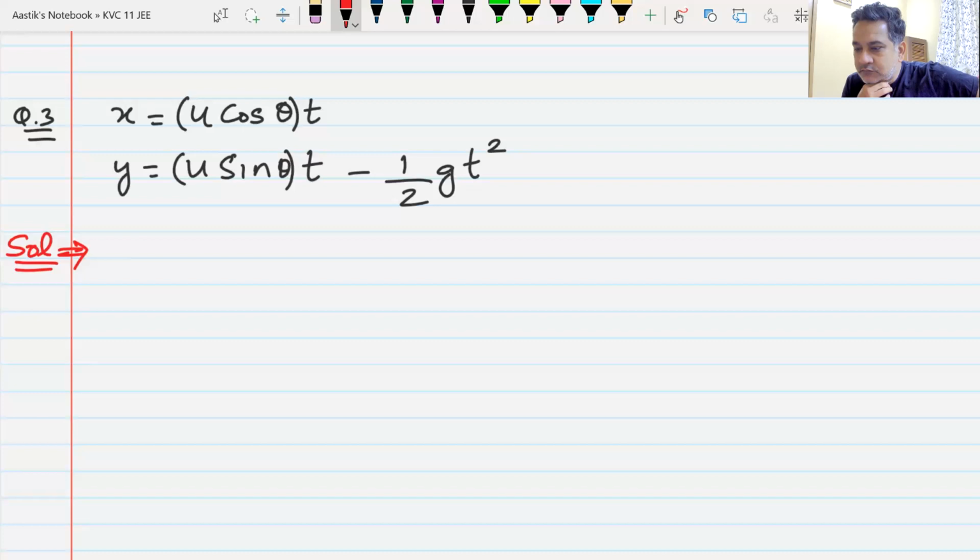Shall I do it? Sir, yes. y is equal to x tan theta minus half g x square by cos square theta. Repeat it again. Say it again, beta.